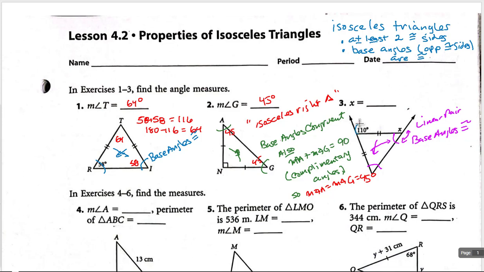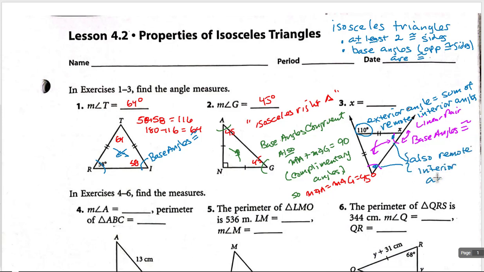So I'm mainly just doing these, looking at solving the diagram and then answering the question. So those two remote interior angles are congruent because of the isosceles triangle, and they also have to equal 110 degrees.